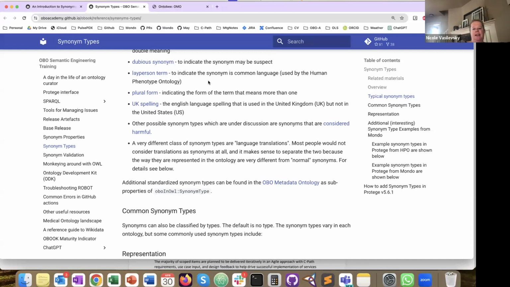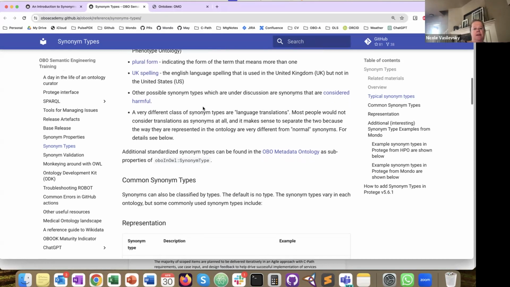Layperson term indicates the term is common language. This is used by HPO. I'm not aware of it being used elsewhere. I think the SCDO, the sickle cell disease ontology, is considering adding these. Plural form indicates the term has more than one form. I think this is particularly relevant for text finding purposes.